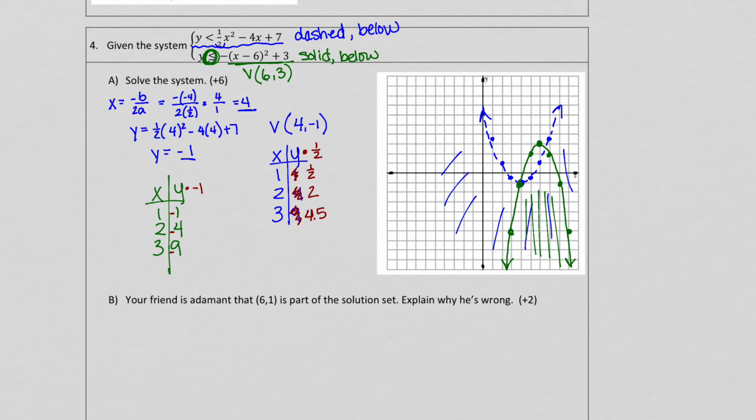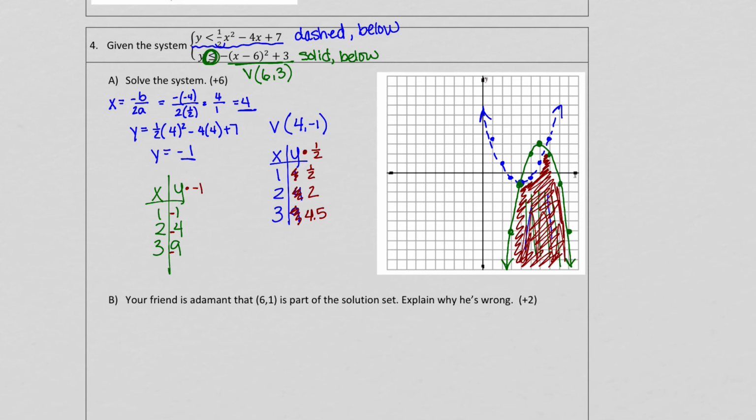Now, I can only shade where they're both shaded. Notice neither one, well, the green one would be shaded in here, but the blue one is not. So my shading is not in there. All of my shading is here. And it goes down forever. So all of this other shading I had needs to go away.